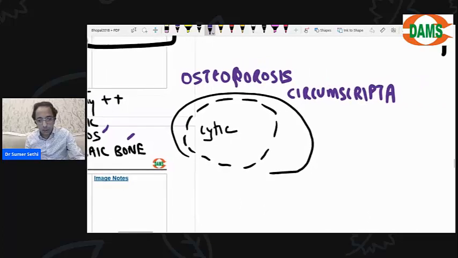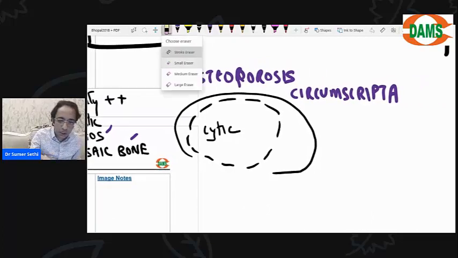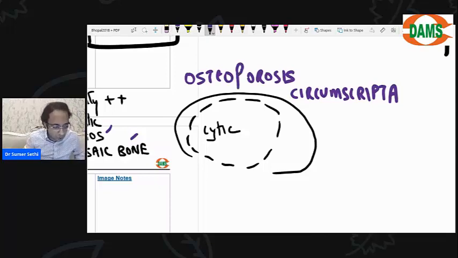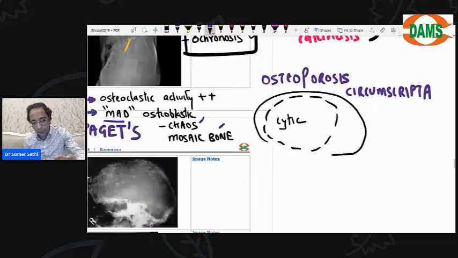Are you clear? In which condition do we see osteoporosis circumscripta? It is a large destructive lytic lesion in the skull seen in Paget's disease.